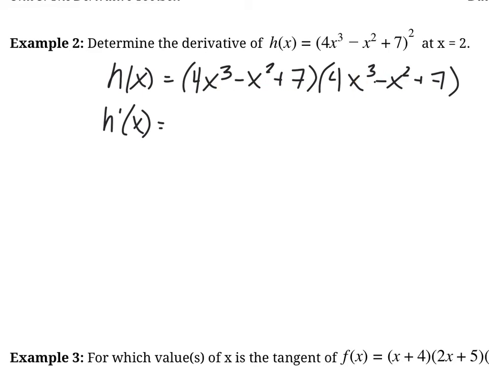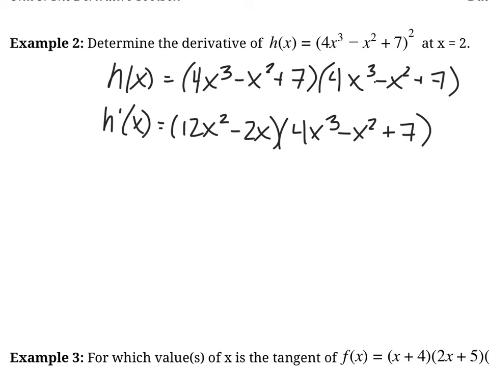So you don't need to show the pattern each time with the f and the g. You can just go for it. So the derivative of the first part is going to be 12x squared minus 2x times the second part, 4x cubed minus x squared plus 7.